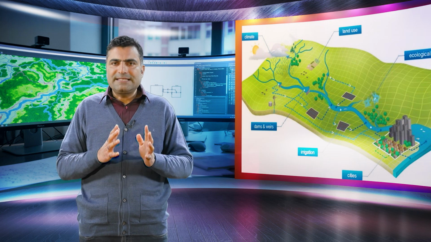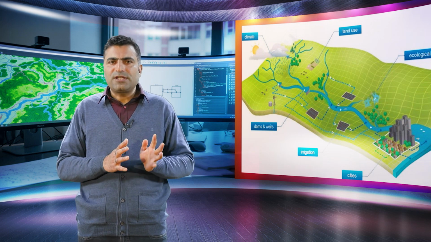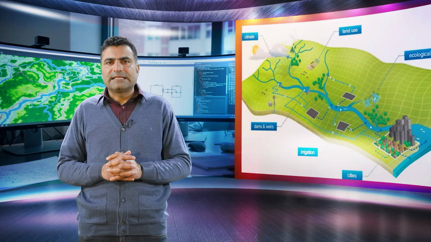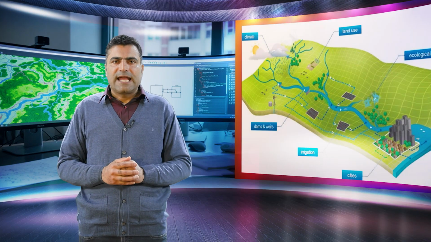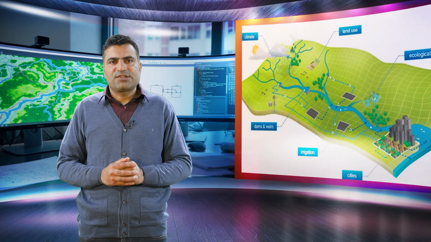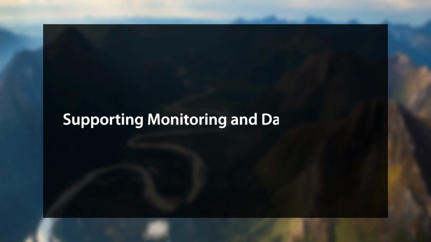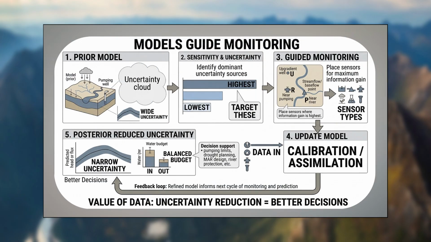Once heads are calculated, associated essential information such as flow rates, water budgets, flow paths and travel times can be derived easily. So far as supporting monitoring and data collection is concerned, models also provide insights into the value and relevance of field measurements, aiding in better resource allocation for future investigations.